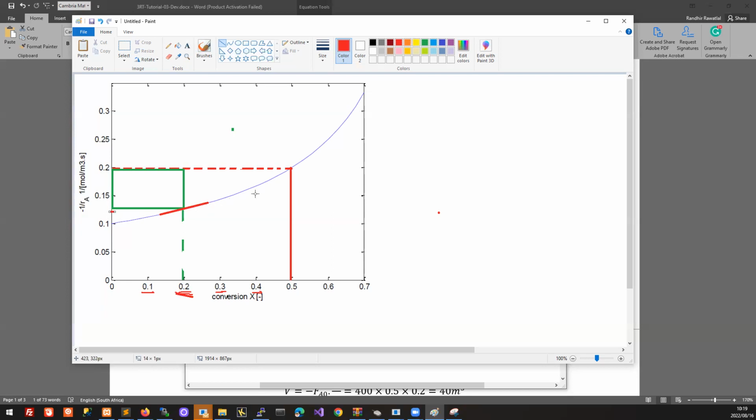So work out the gradient each time, see how close it is to that value, and you should find that the point where your overall volume was the lowest, let's say it was that intermediate conversion, at that point your tangent gradient and your ratio are the closest to each other, right? So that's how you do part C.